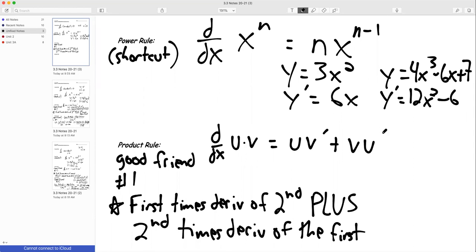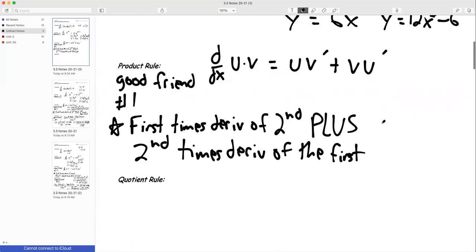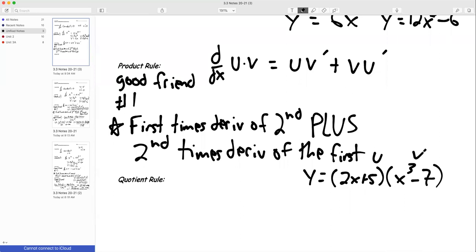So let me give you an example. Let's say I have y equals 2x plus 5 times x cubed minus 7. Okay, so this is my first term. This is my second term. Y prime is going to be first term, which is 2x plus 5, times the derivative of the second.